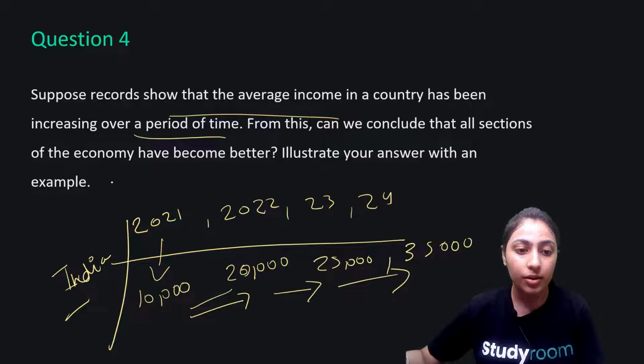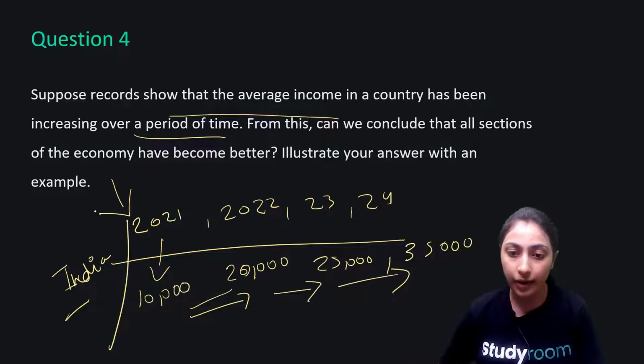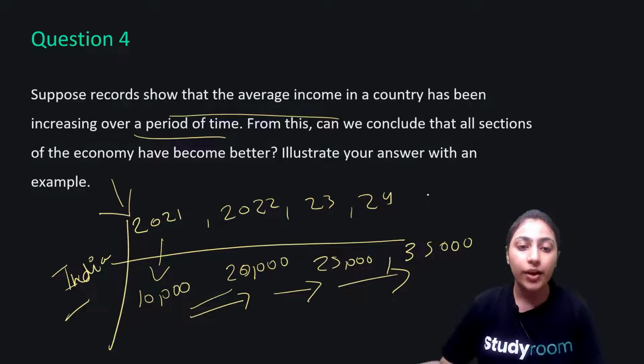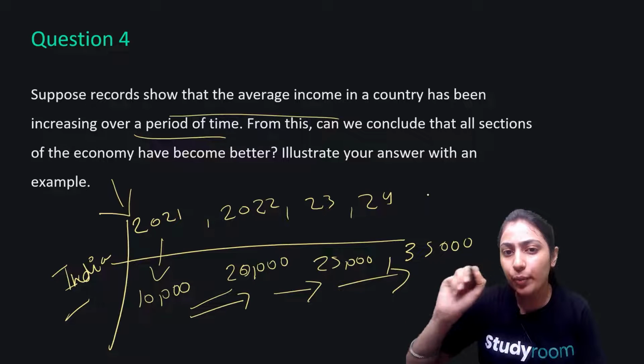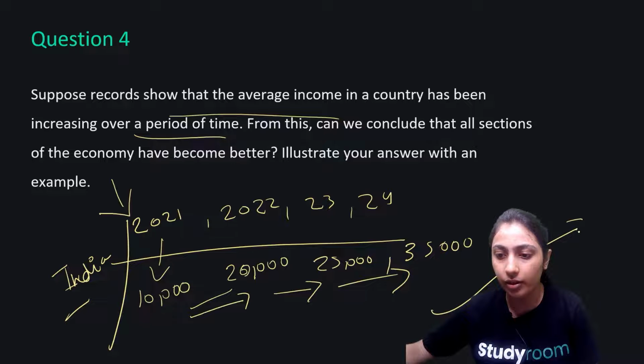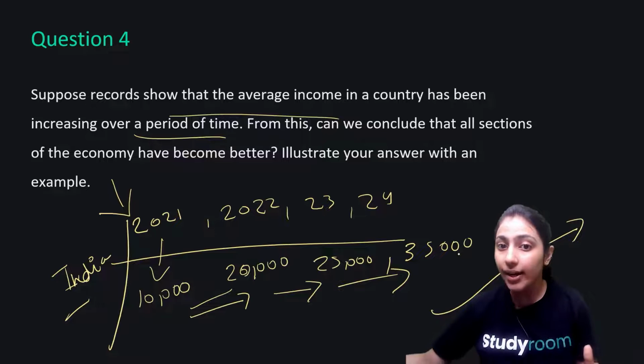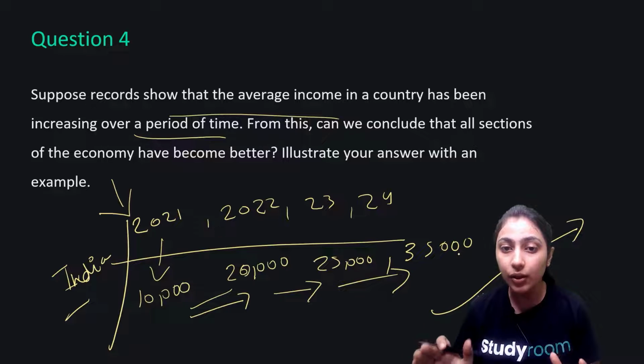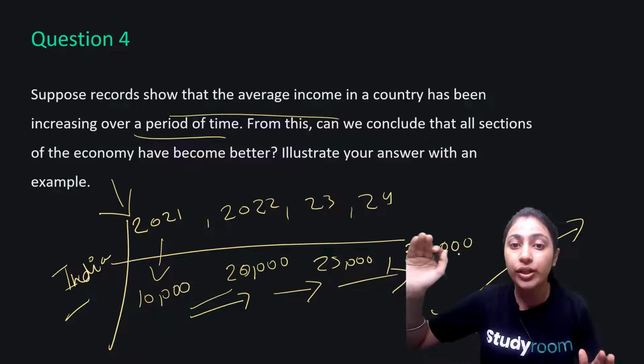The statement is justified here: when we see that average income is increasing bit by bit in the graph that we make, there is development going on.